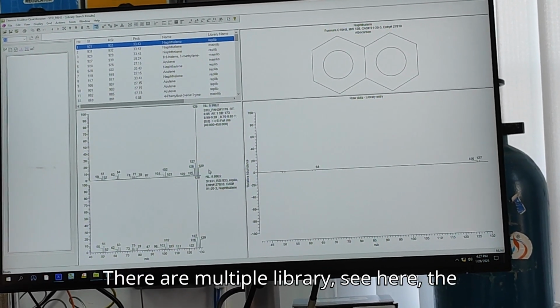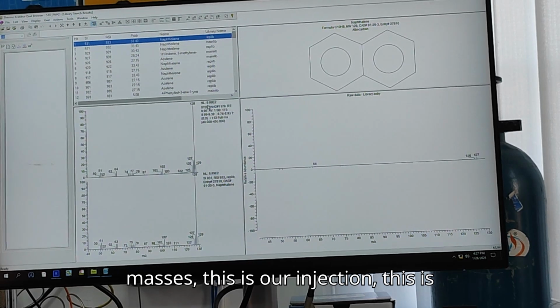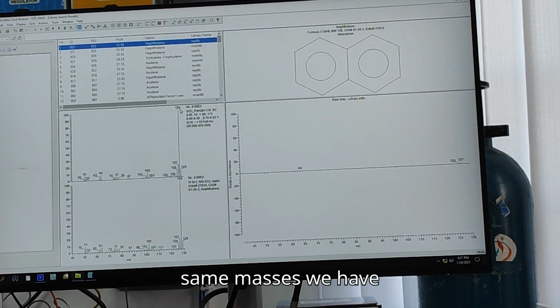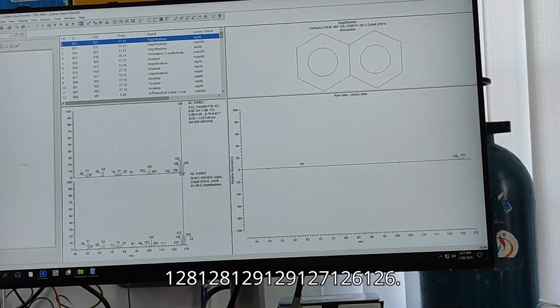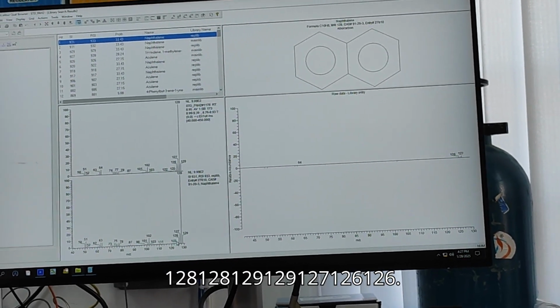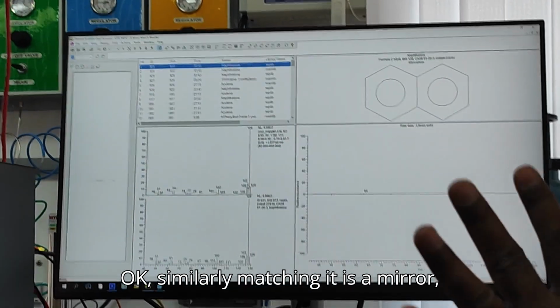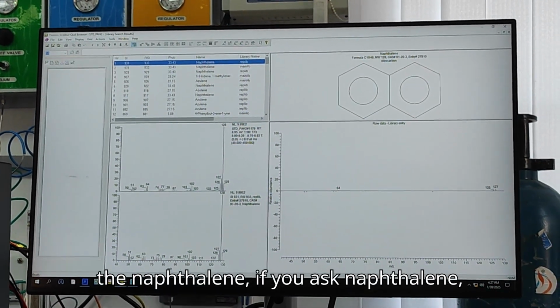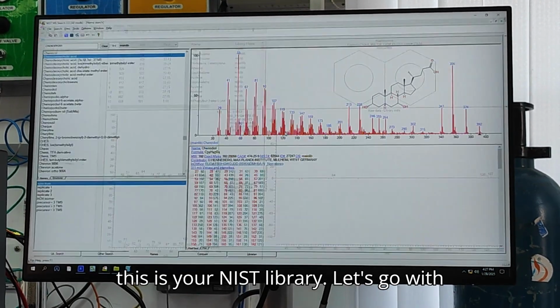Here you can see there are multiple library hits. This is our injection, and this is the library spectrum. The masses are the same: 128, 129, 127, 126. Similarly matching, it's a mirror image match.